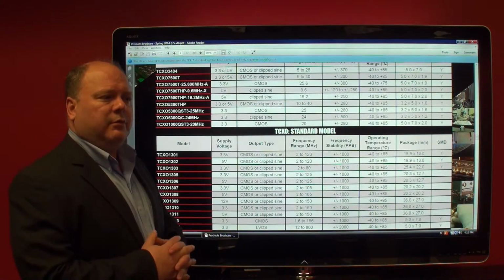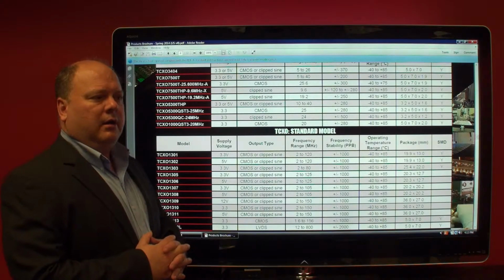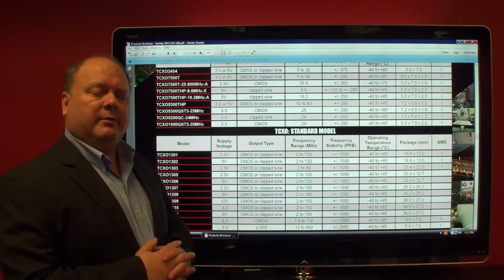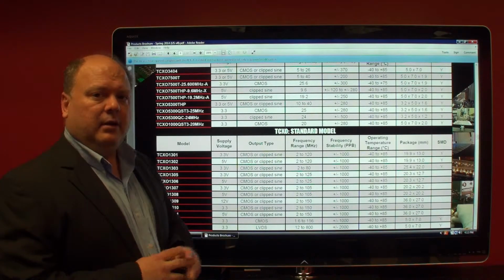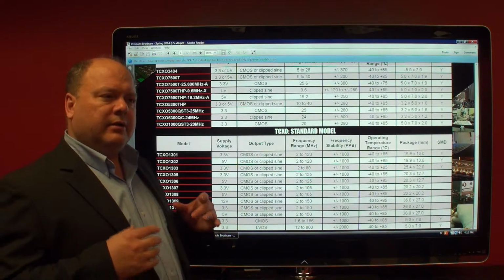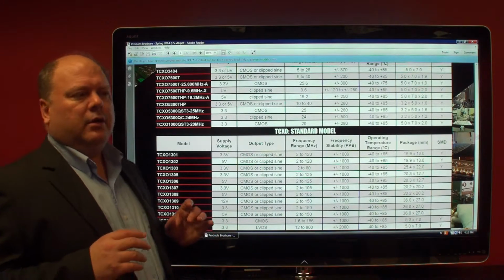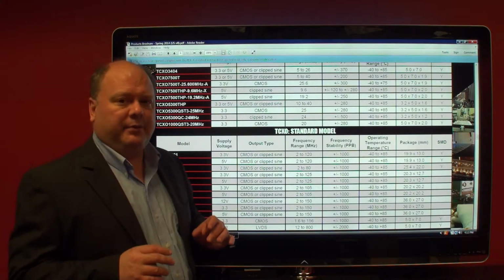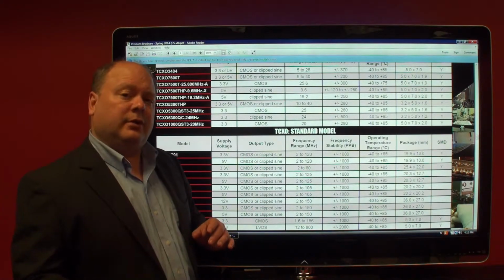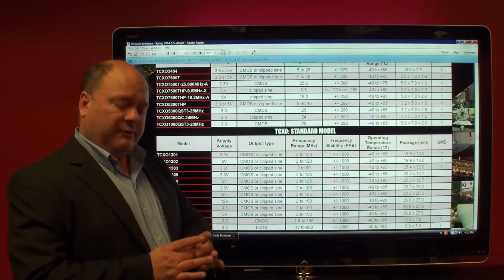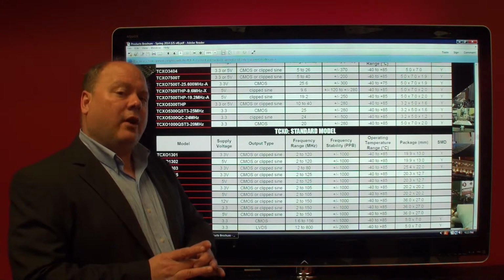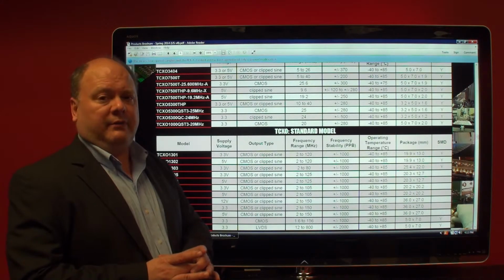Sometimes your customer will request a TCXO with a certain amount of output power in dBm. Right away, if you hear dBm, you know that that's a sine wave, a pure sine wave into a 50 ohm load. And again, the main factories in the very small packages cannot offer 50 ohm load pure sine wave units.